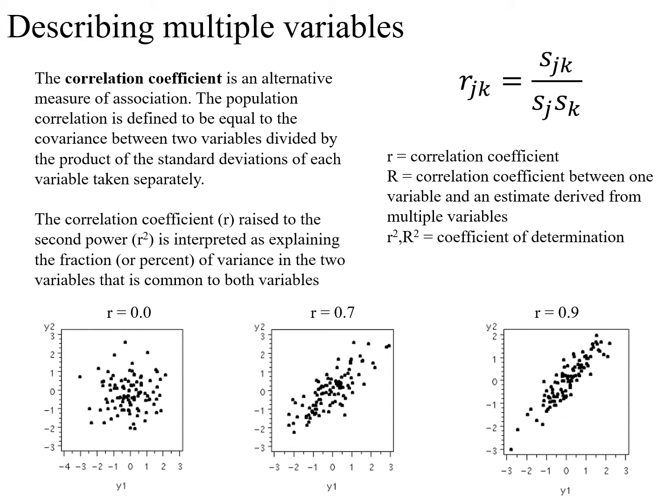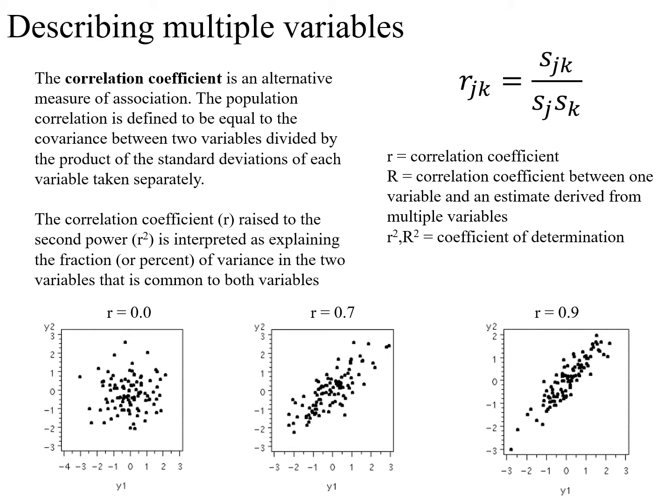The correlation coefficient is an alternate measure of association. So the population correlation is defined to be equal to the covariance between two variables divided by the product of the standard deviations of each variable taken separately. So we see that in the upper right. The r, which we use for the correlation coefficient between variables j and k, is equal to the capital S, that's the covariance between j and k, divided by the standard deviation of j times the standard deviation of k.